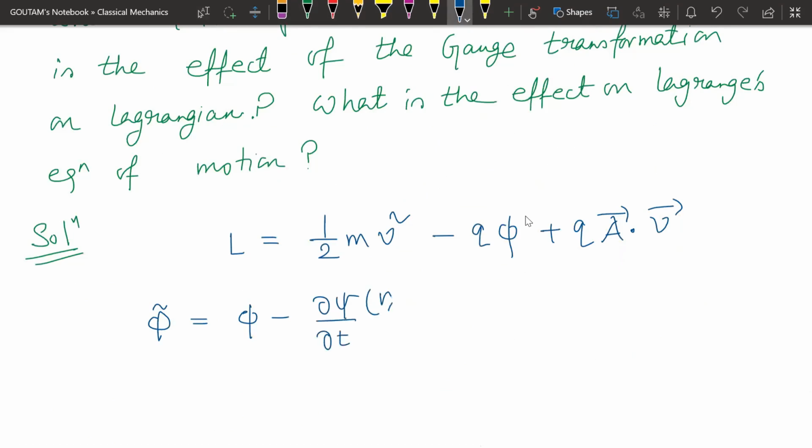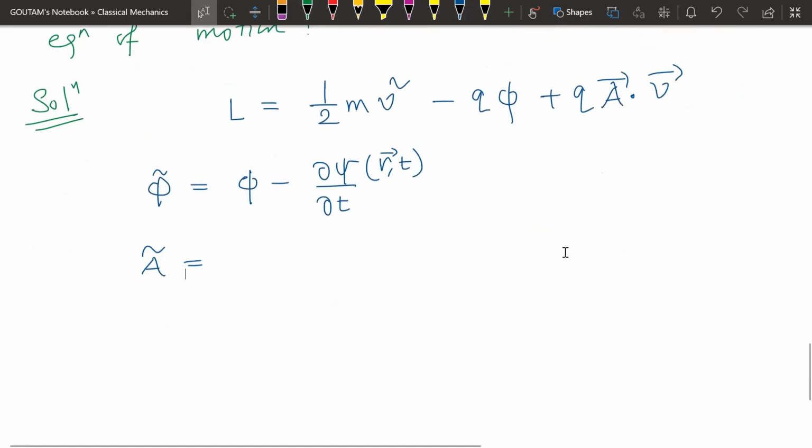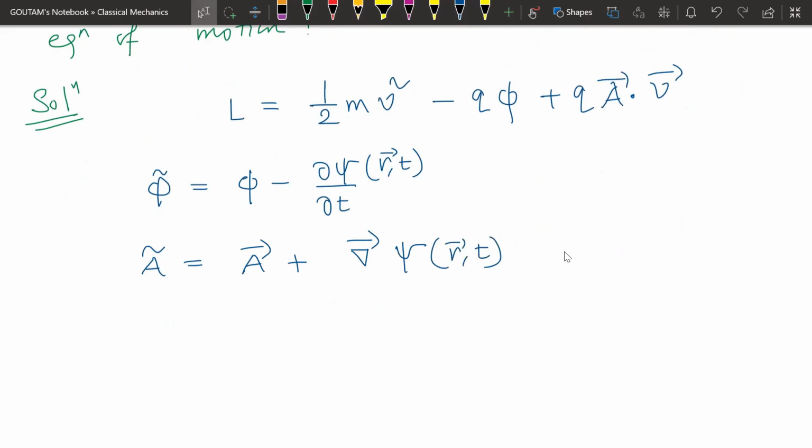The psi is a differentiable function of r and t, and A tilde is defined as A plus divergence of psi(r, t). This phi tilde and A tilde are the new, redefined potentials.